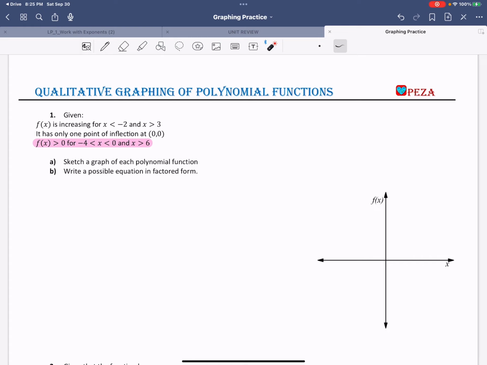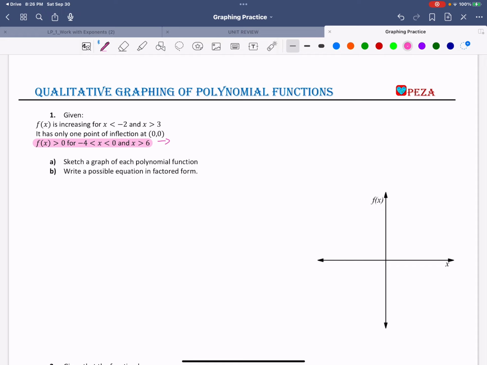And not only that, but whenever a function changes its values from positive to negative, or from negative to positive, it has to pass through zeros. So the endpoints of the intervals where the function is positive will be the x-intercepts of the graph of a function.